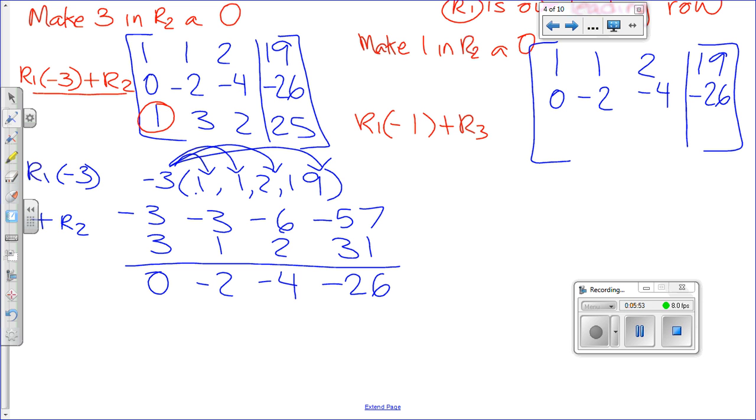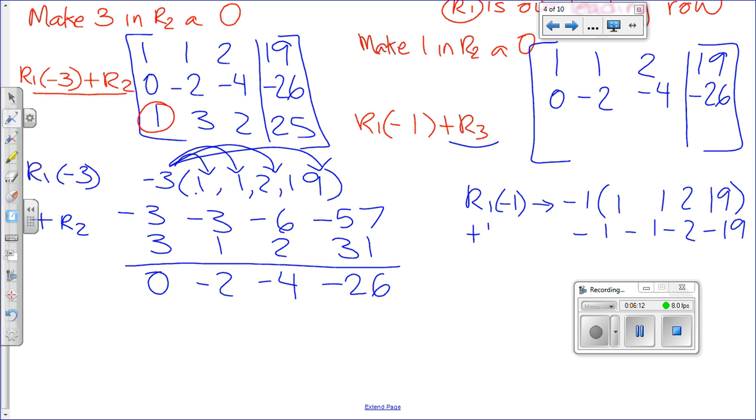Now we're going to multiply R1 times negative 1. So that will be negative 1 times R1, 1, 1, 2, 19. That will just change to the opposite sign. So that's negative 1, negative 1, negative 2, negative 19. To that, we need to add R3.